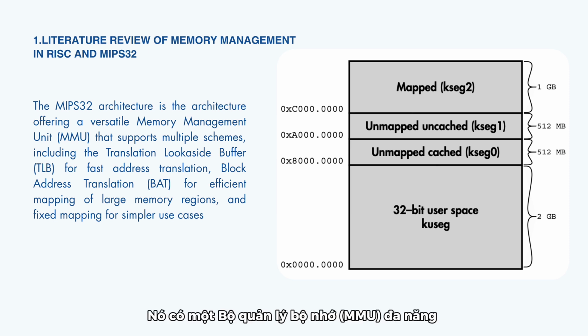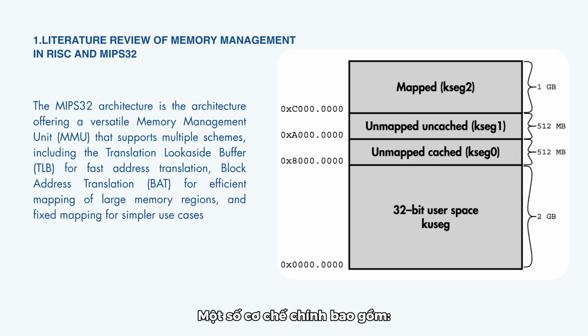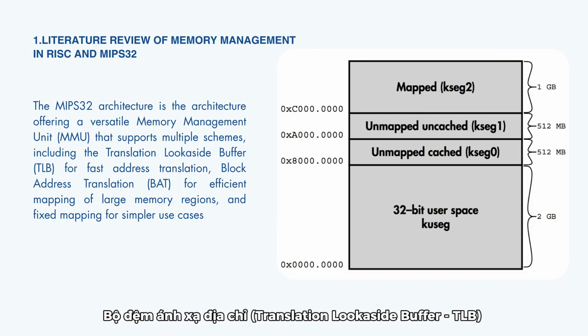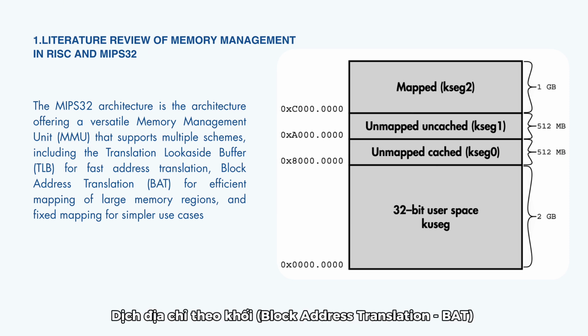It features a versatile memory management unit, also called MMU, that supports multiple techniques for translating virtual addresses into physical addresses. Some of the key schemes include translation look-aside buffer, known as TLB. This is used for fast address translation, helping the system quickly access frequently used memory addresses.